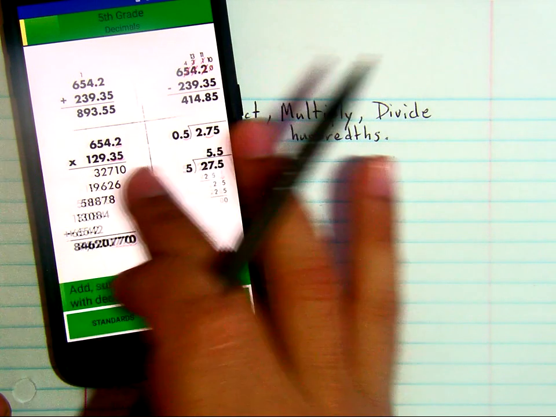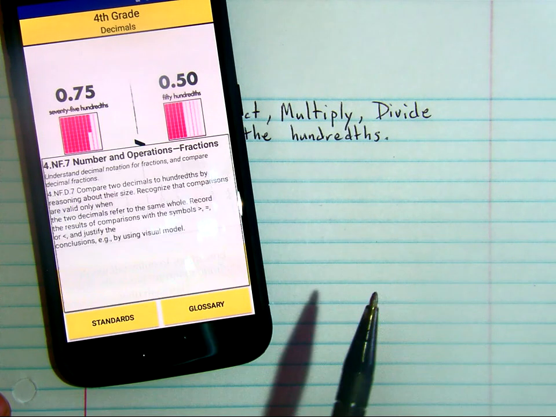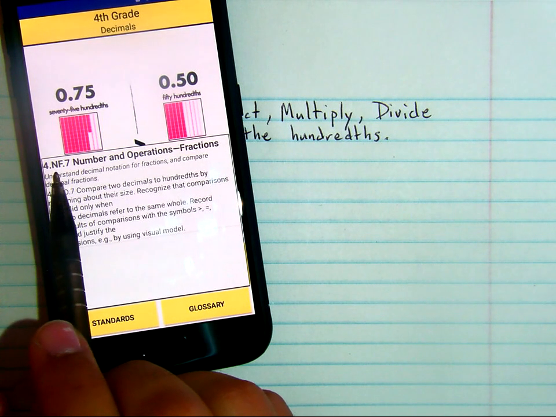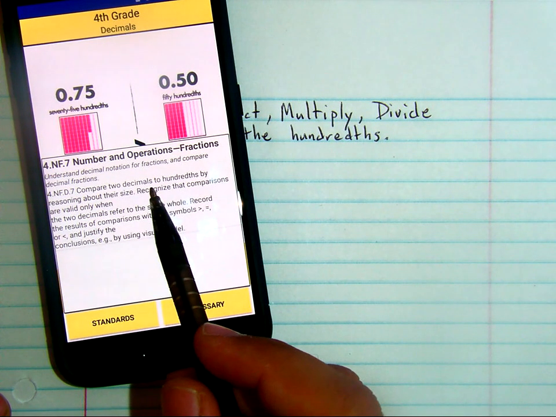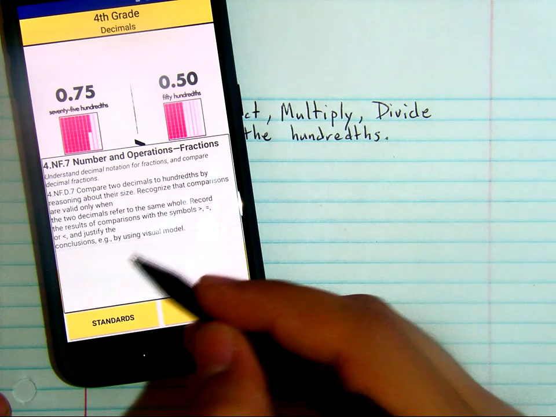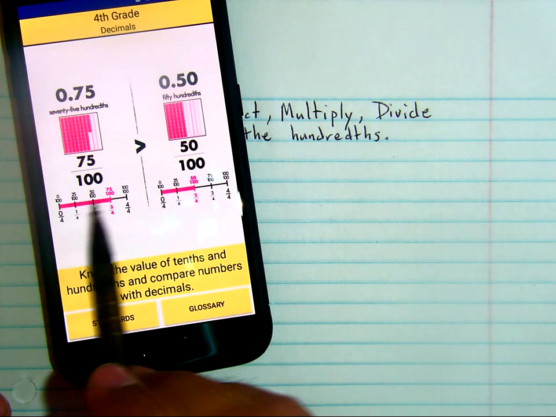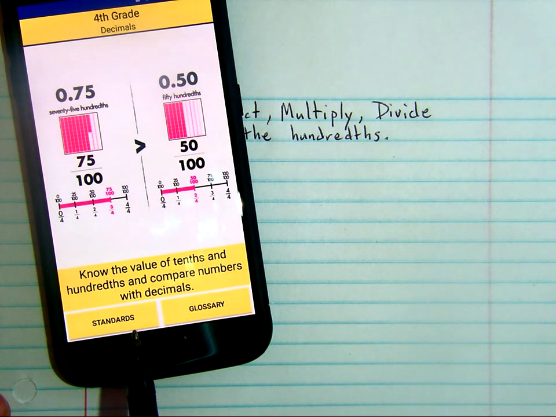we didn't just introduce that. The concept of decimals was introduced with standard 4.NF.7 in 4th grade. You were expected to compare two decimals to the hundredths by reasoning about their size. So comparing decimals, that's not new. We do understand decimals, we know the concept of decimals.